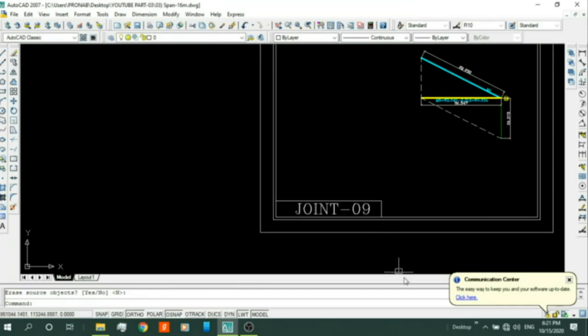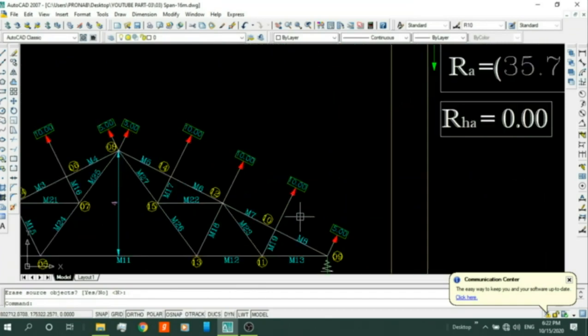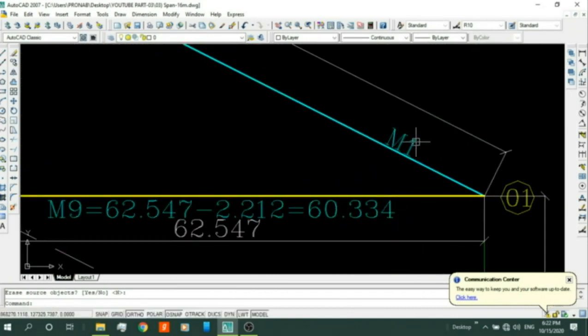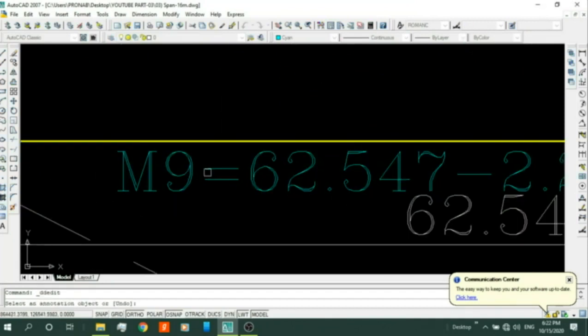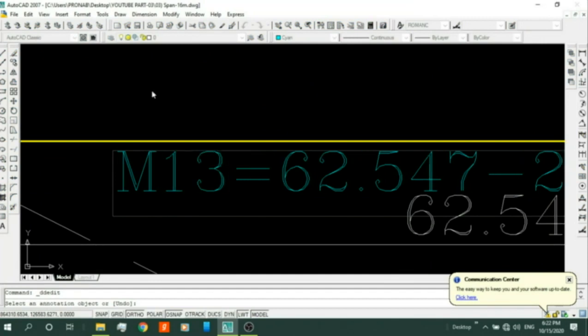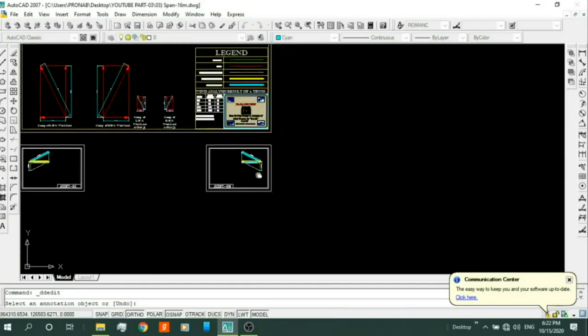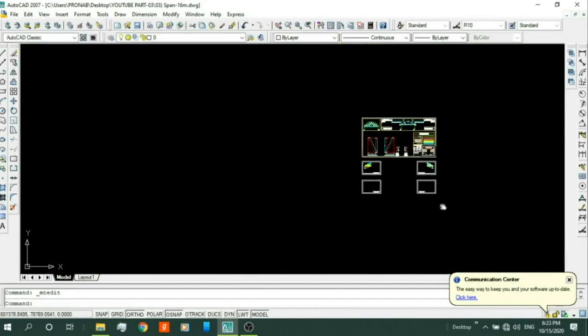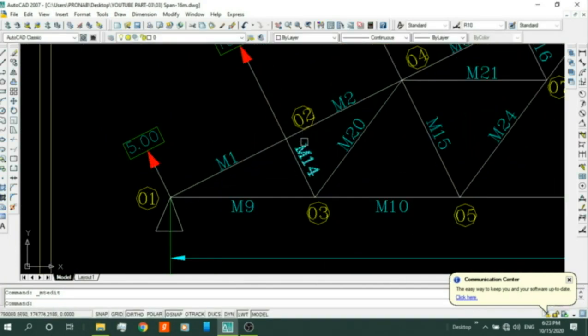This is joint 9 and the member numbers are 8 and 13. Same. Now, I'm just copying member number and joint.